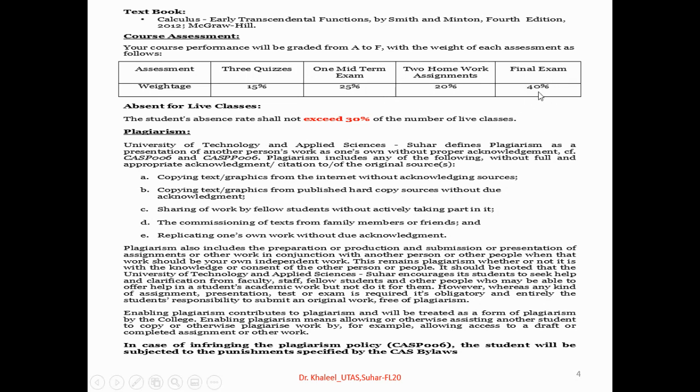Then you will not be allowed to appear for the final examination. And I don't see any reason for remaining absent, because you will be attending only one class in a week, and in the whole semester of 15 weeks, you will be attending only 15 classes. Each class is 2 hours, every week one class.